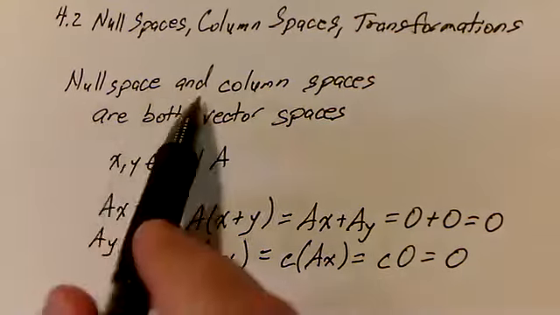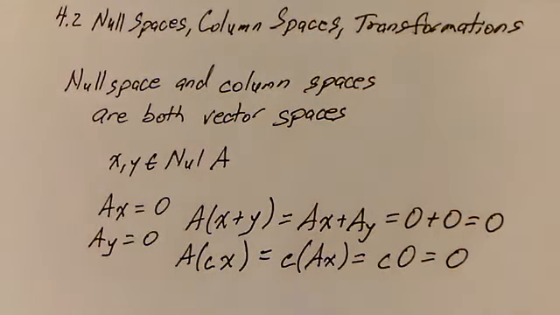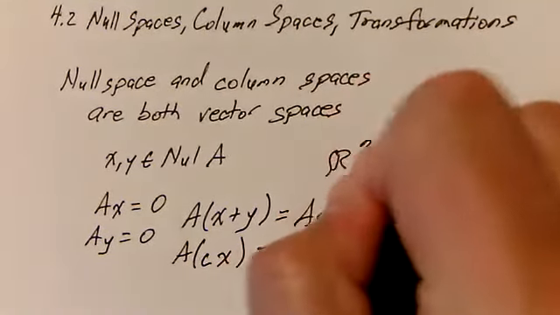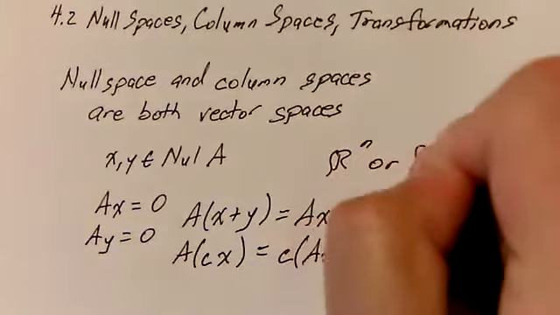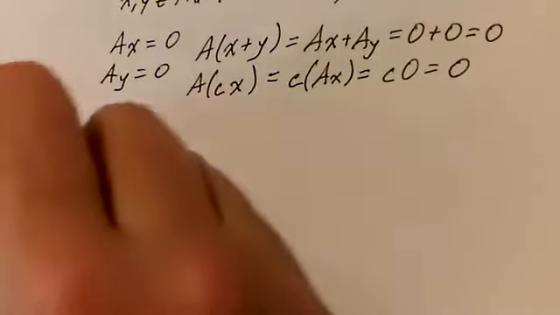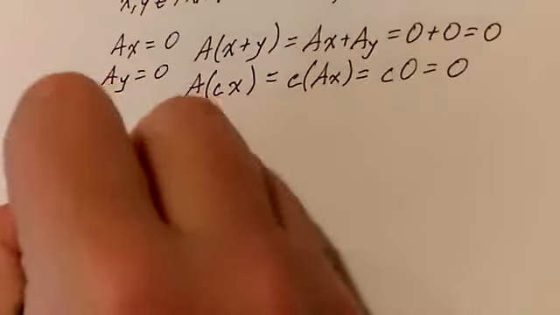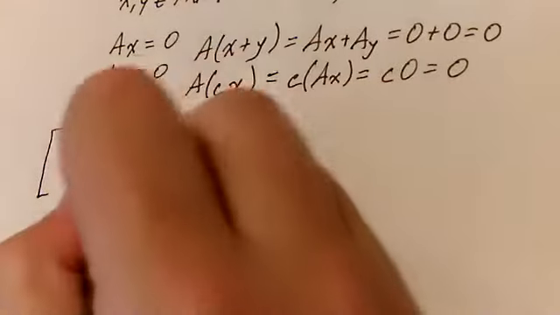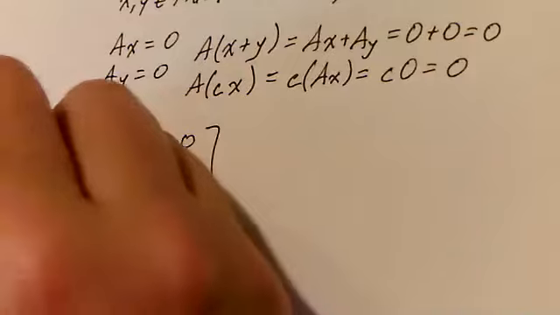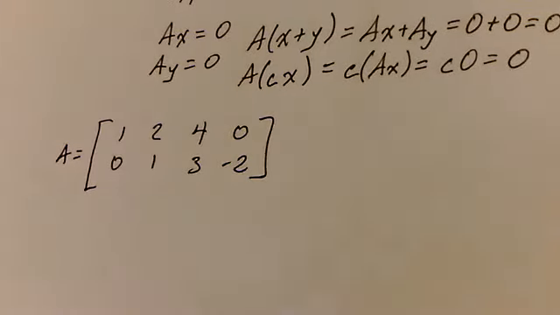Also remember that the null space and the column space are subsets of a particular R^n or R^m, depending on which one they are. Let's look at a quick example. Matrix A is 1, 0, 2, 1 in the first row and 4, 3, 0, negative 2 in the second.